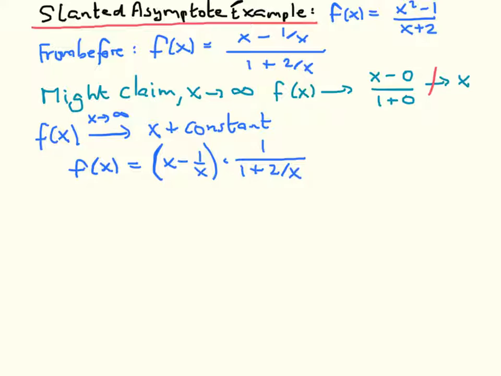So this is exactly the same as what we have here, and I'm just writing it in this way because what I want to do now is to rewrite this, multiply the two together, and we will obtain x, but we will also obtain the constant.